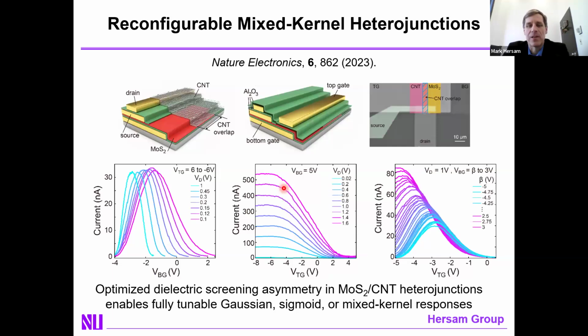Fast forward a couple of years in our lab, we began digging into the details of this device. And as I alluded to before, the asymmetry in screening is critical to tuning the nonlinear current voltage characteristic.